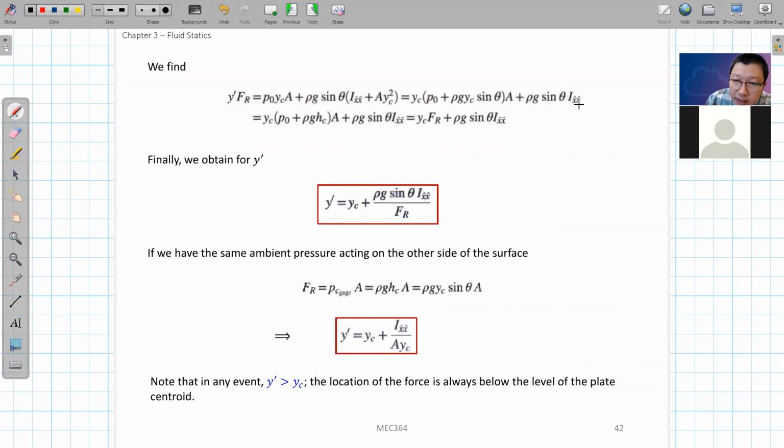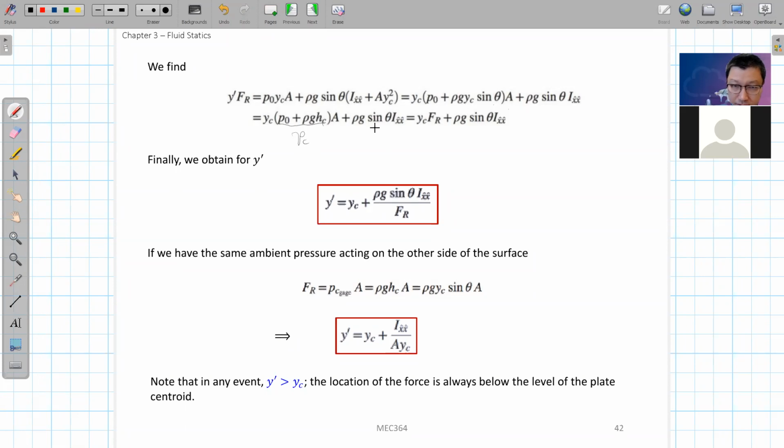Okay, so this will be x prime. After we write this, YC times sin theta is HC, because YC times sin theta is basically HC. So this is again PC, the absolute pressure at the centroid, okay.